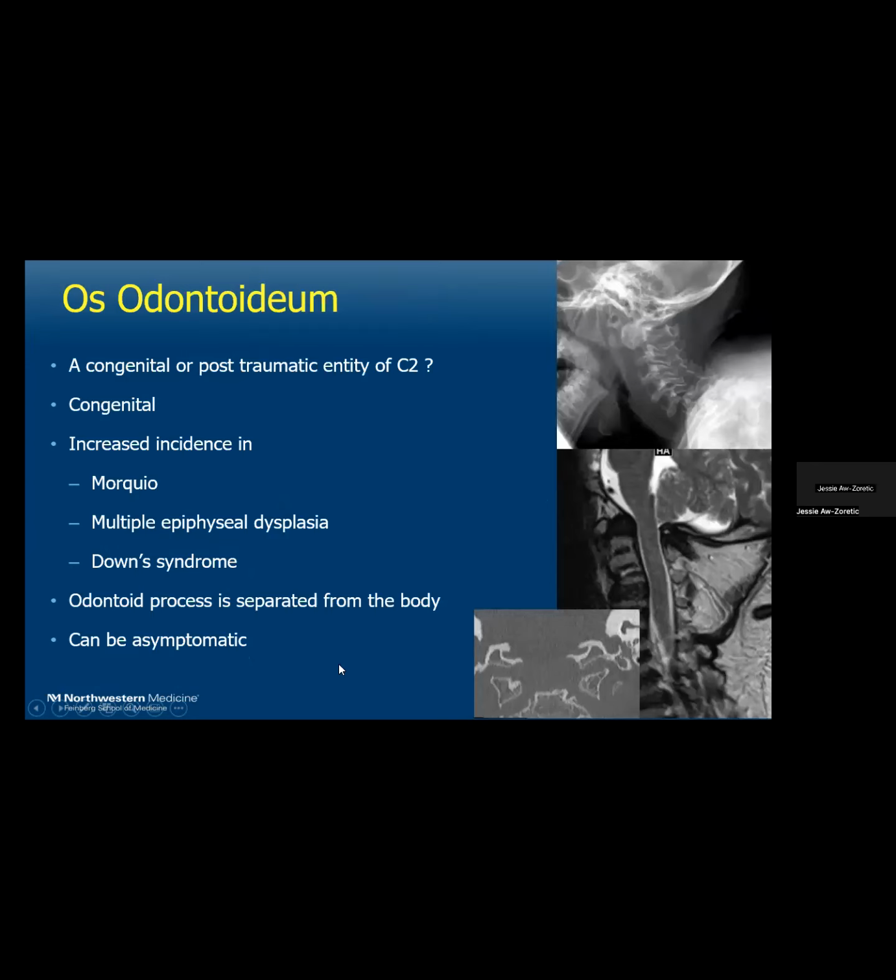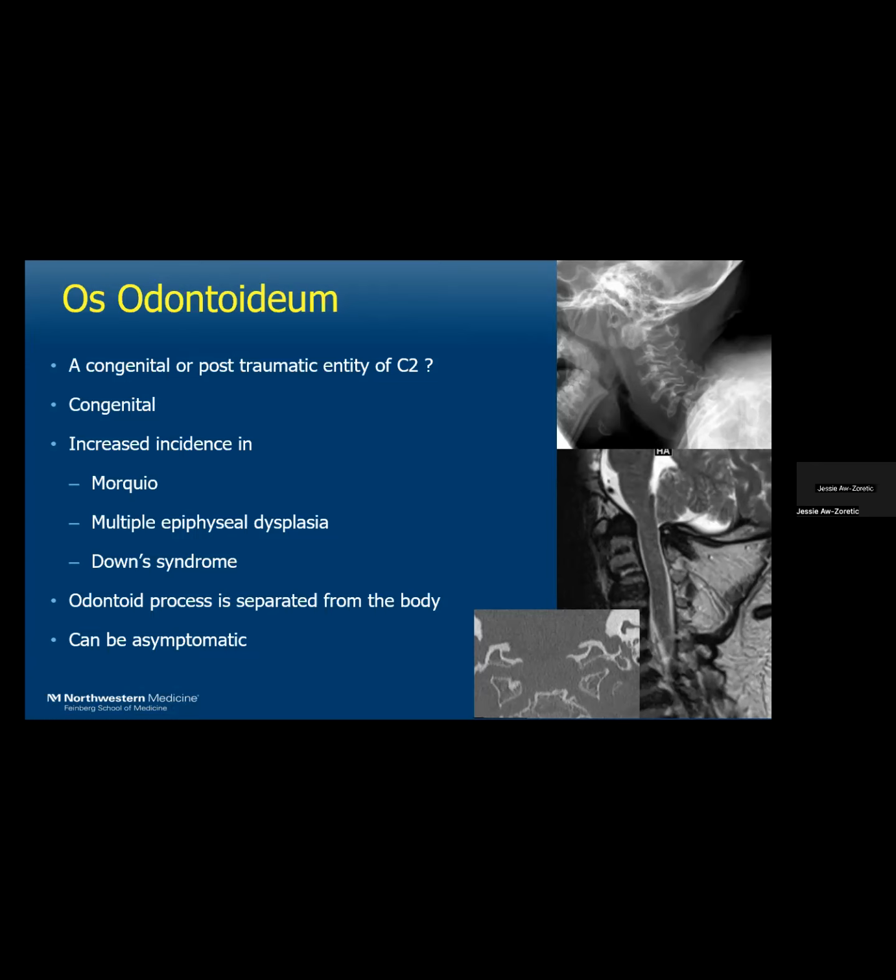Now that I think kindly leads on to the os odontoideum. So what is the os odontoideum, and why is it important for us to know about? So there are a couple of theories of what the os odontoideum is. Some people think it's a congenital developmental anomaly. Some people think that it may be a result of a post-traumatic injury, and no one really knows what it is.